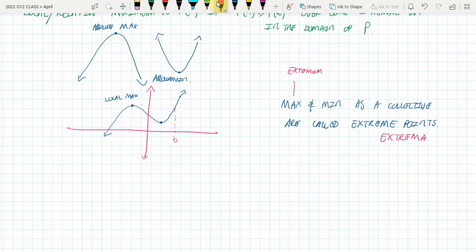So sometimes you can be asked to show all the extrema of the graph. Extremum, but they are both extreme points.